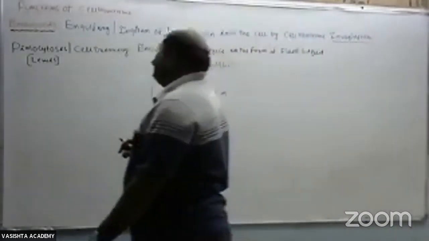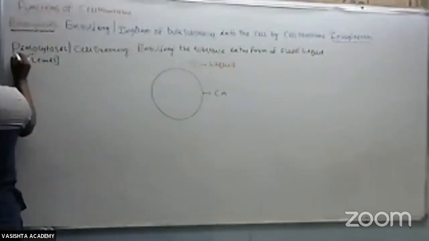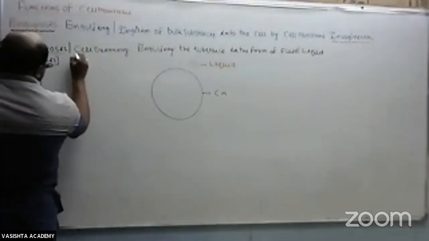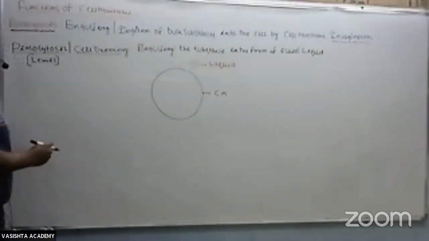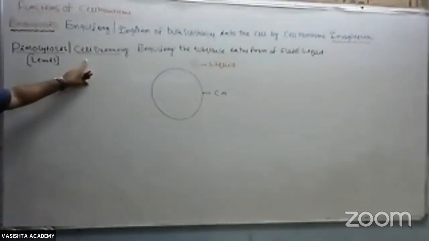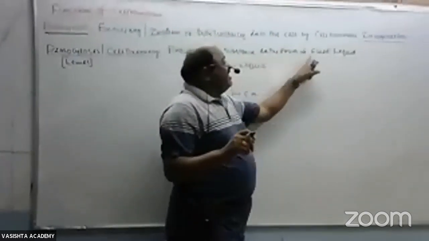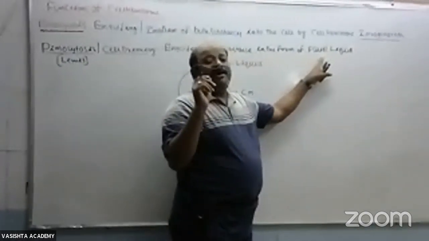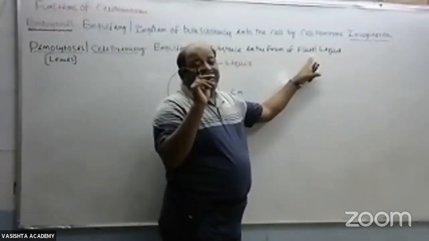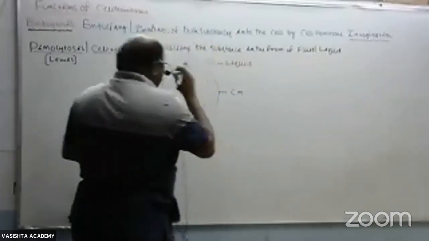So the endocytosis process is classified into two types. One is the pinocytosis process, otherwise called the cell drinking process. Here the substance is engulfed in the form of fluid or liquid.